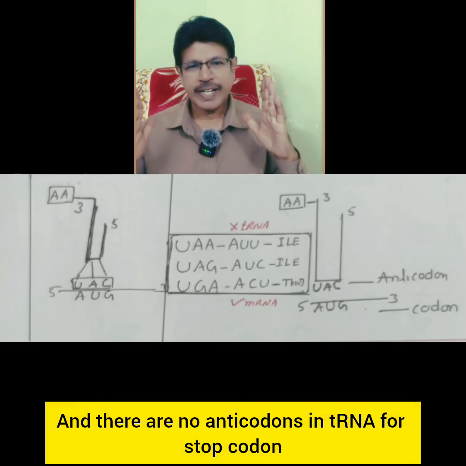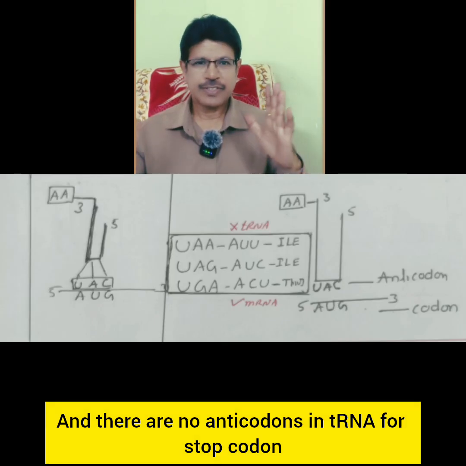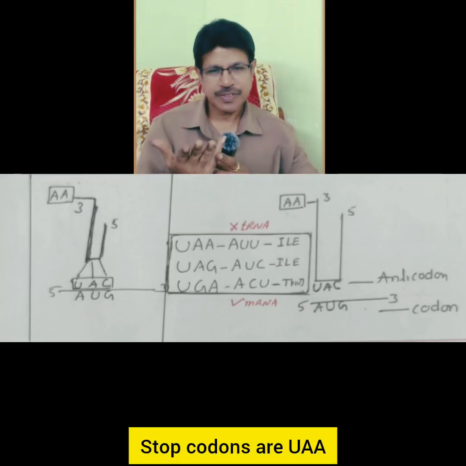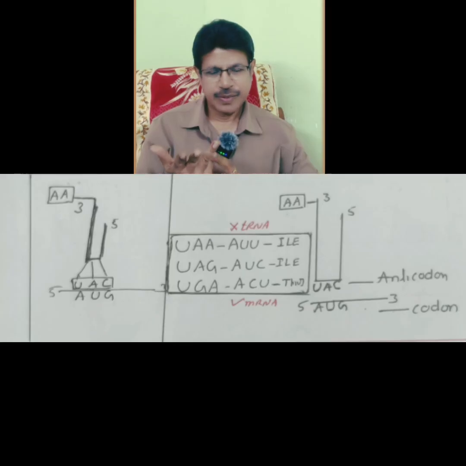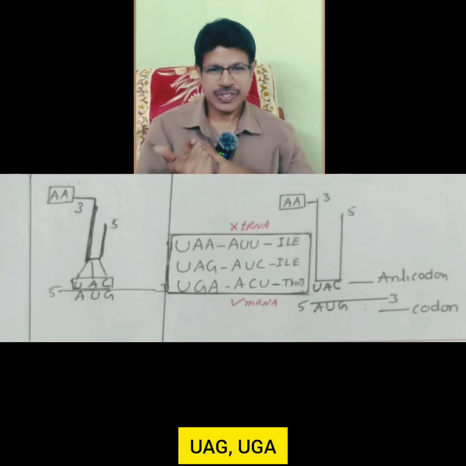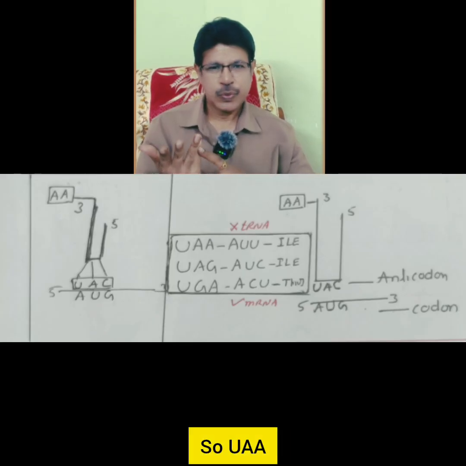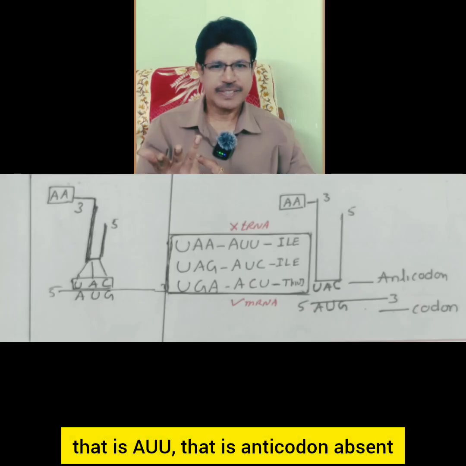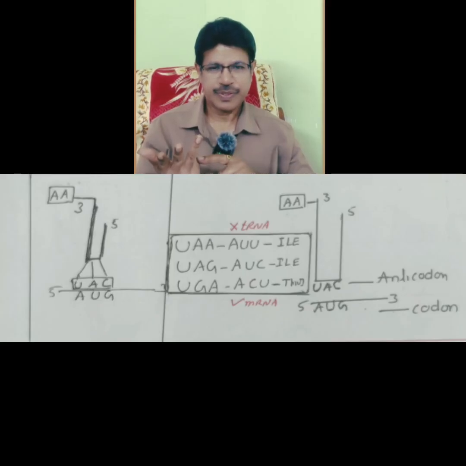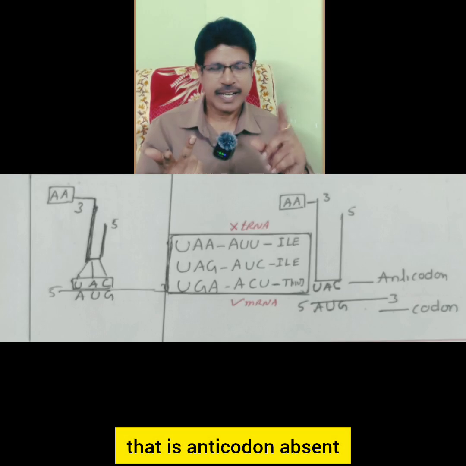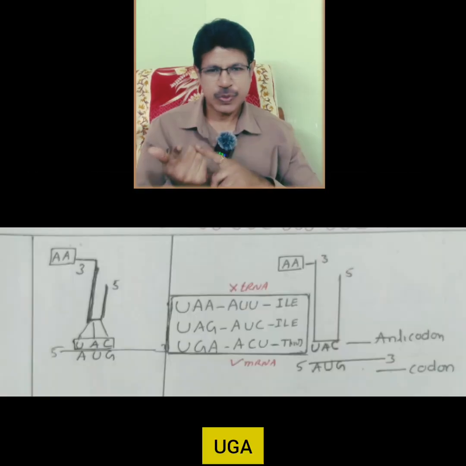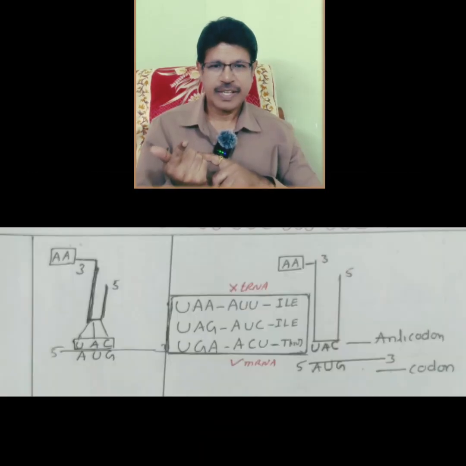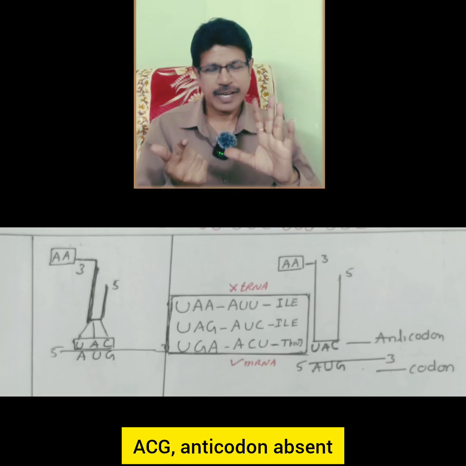There are no anticodons in tRNA for stop codons. Stop codons are UAA, UAG, UGA. For UAA the anticodon would be AUU, but it is absent. For UAG, AUC, anticodon absent. For UGA, ACG, anticodon absent.